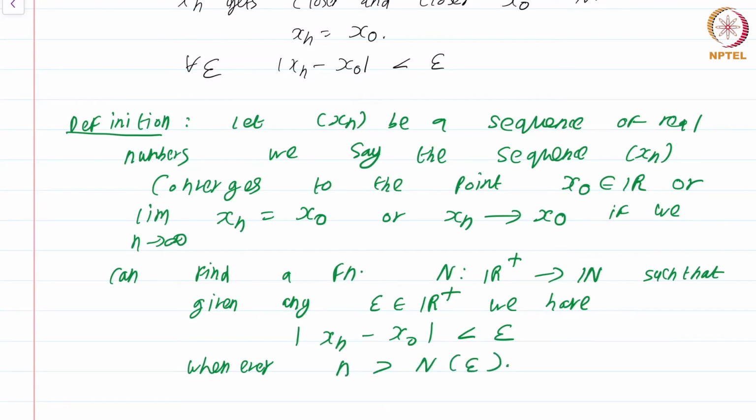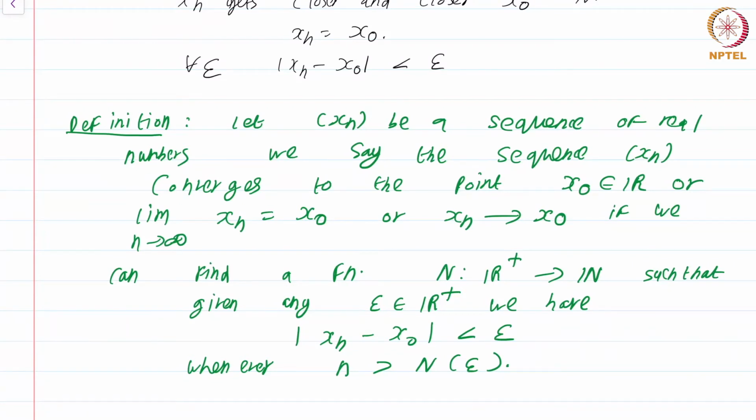So let's see what this definition is trying to say. We have a sequence xn of real numbers. We want to say that the sequence xn converges to x0. The notation for this is limit n going to infinity xn is x0, or xn right arrow x0. To demonstrate that xn converges to x0, we must produce a function N from R plus to the natural numbers.